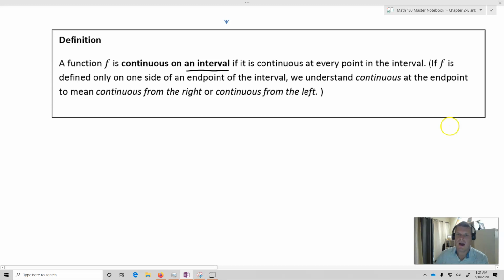In some cases this can be really hard to do, and we do that in much more advanced math classes. But sometimes it's pretty easy utilizing some theorems. So first, let's talk about the idea of being continuous on an interval, and then let's look at some theorems that will help us prove something is continuous on an interval.